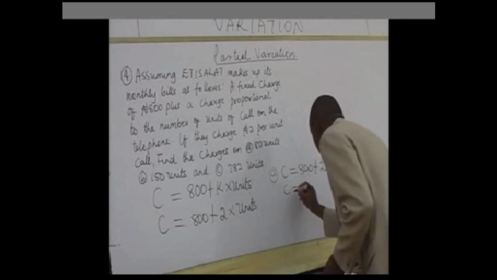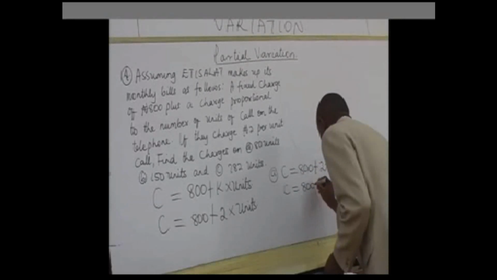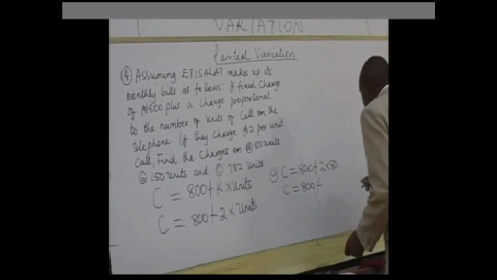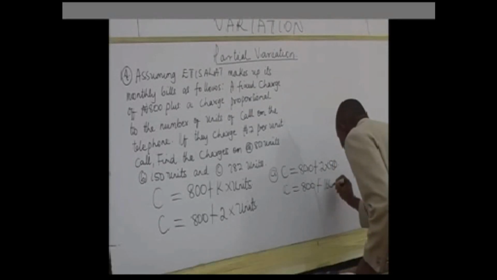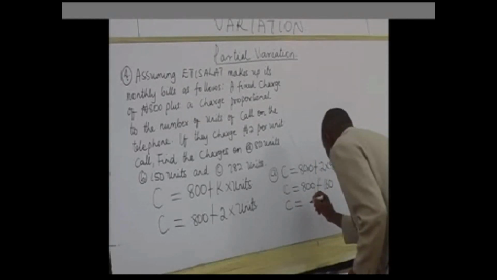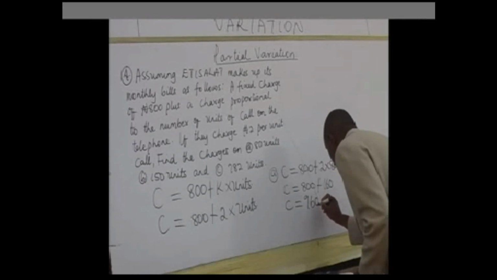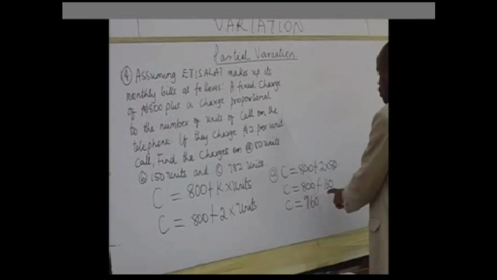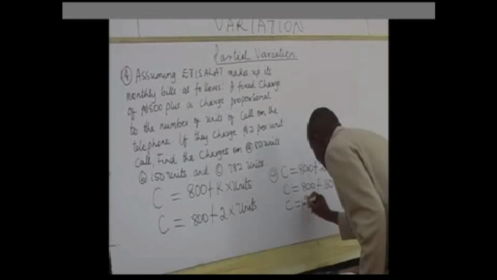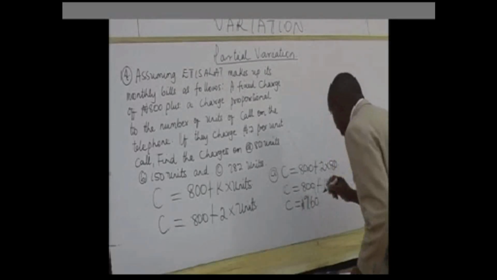That means the C is 800 plus 2 times 80 will give you 160. See, it's now boiling down to 960 because 800 plus 160 will give you 960, and this is 960 naira.